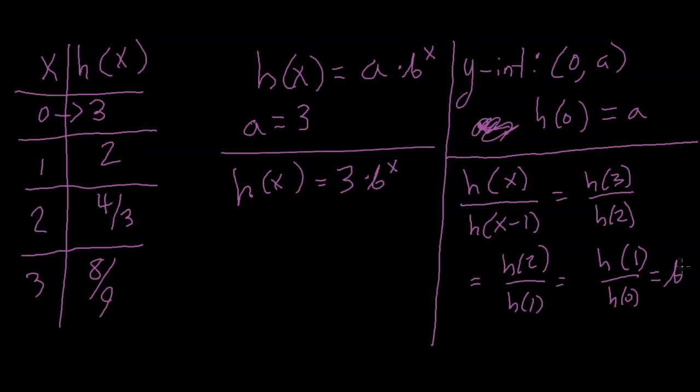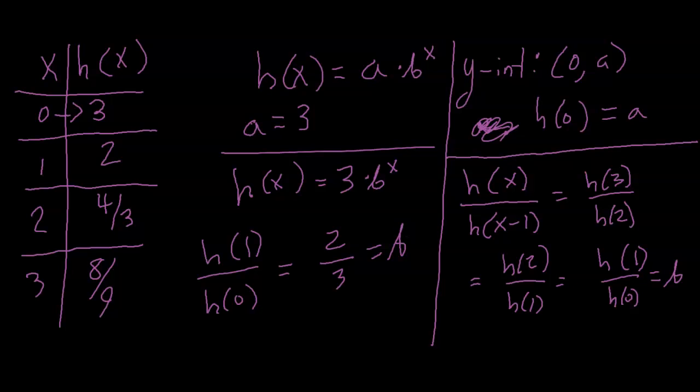So in this case, why don't we just take h of 1 divided by h of 0? h of 1 is going to be 2. h of 0 is going to be 3. So we've got our common ratio already. b we know is equal to 2 over 3.